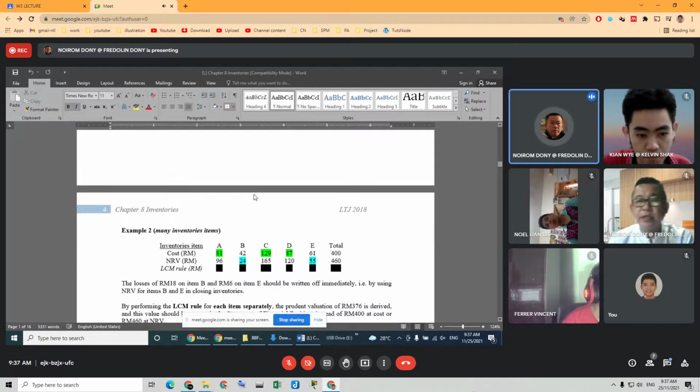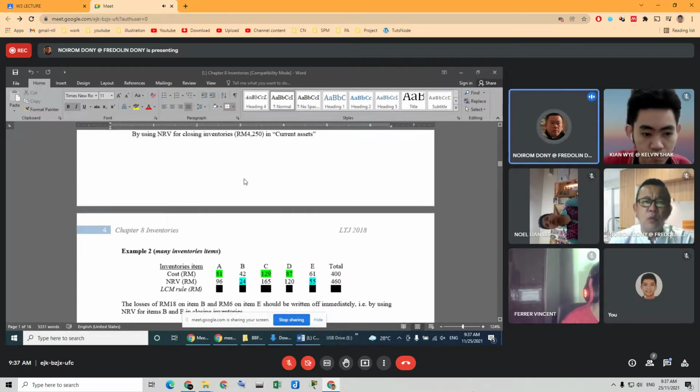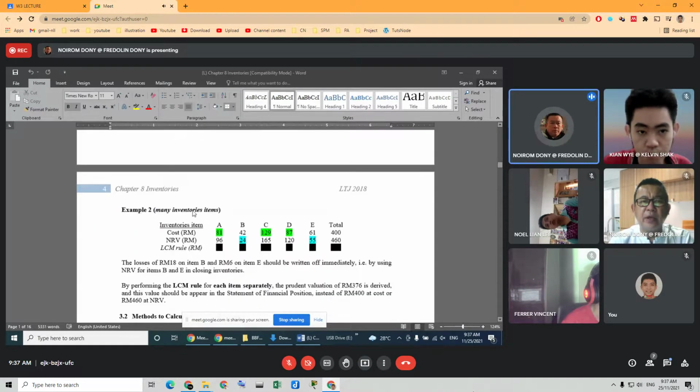Now, example two. Just now was a single inventory item, but what happens if you have a variety of inventory? If you have many inventory items, let's say you have grade A, grade B, grade C, grade D, grade E, and you have individual costs for each inventory item.